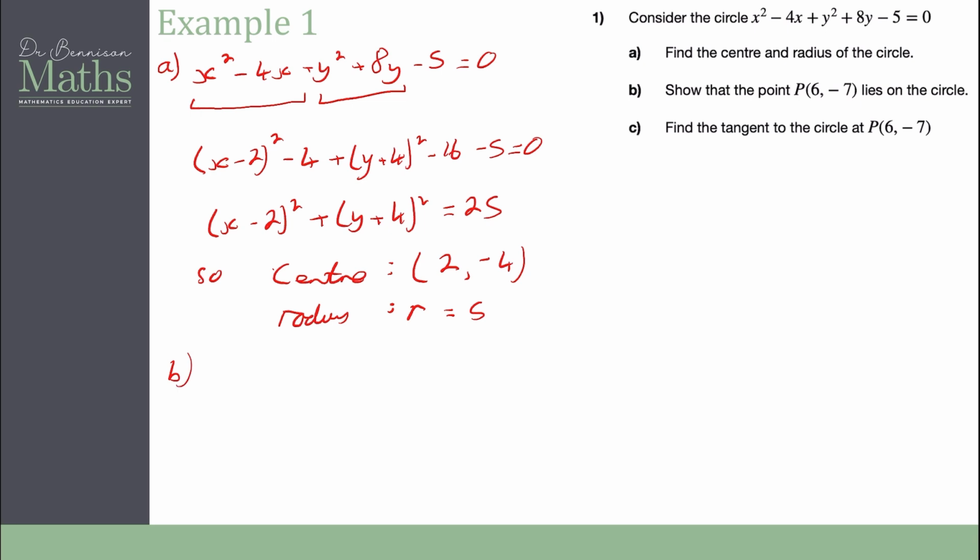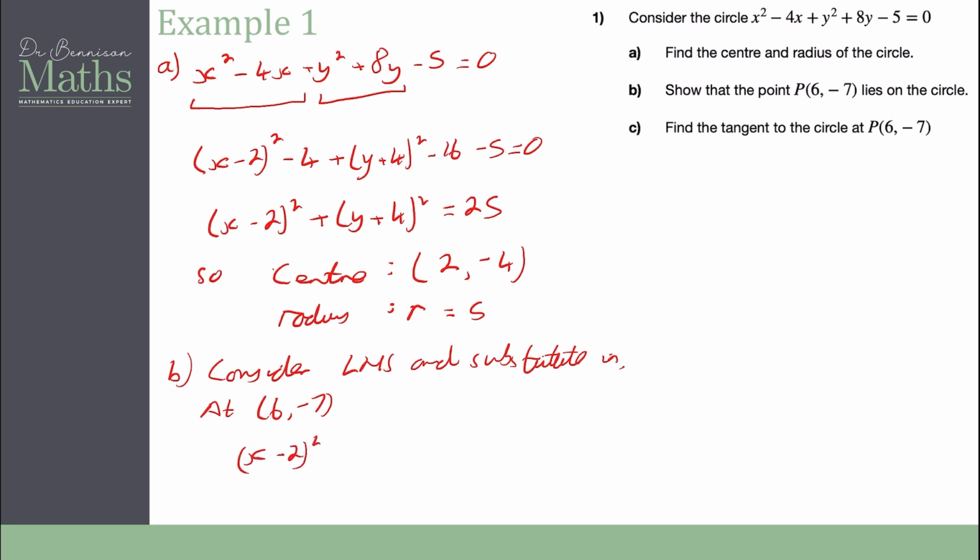For part B, if I want to show a point lies on the circle, I just consider the left-hand side and substitute in. So at 6, -7, we end up with x minus 2 squared plus y plus 4 squared is equal to 6 minus 2 squared plus -7 plus 4 squared.